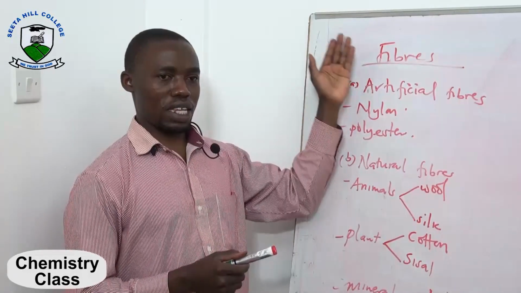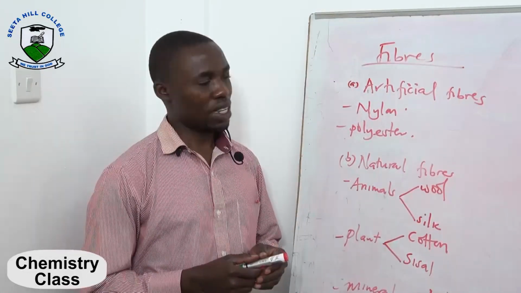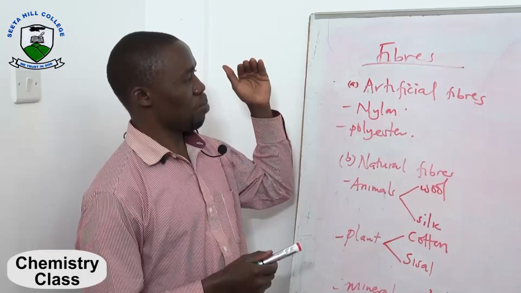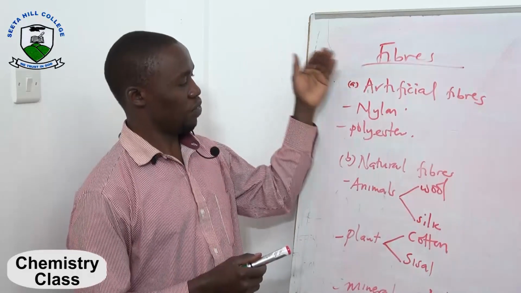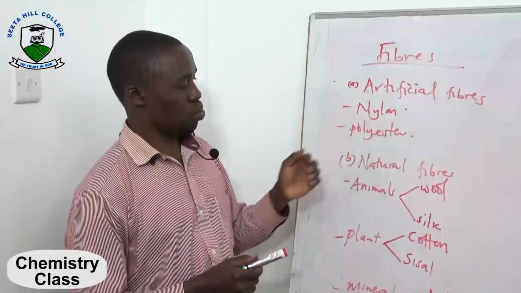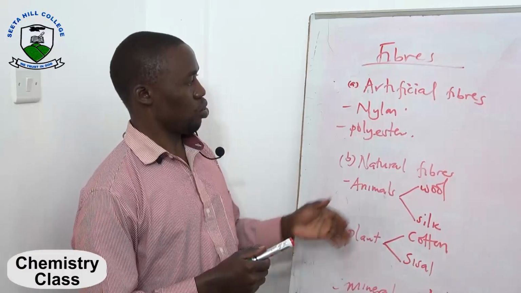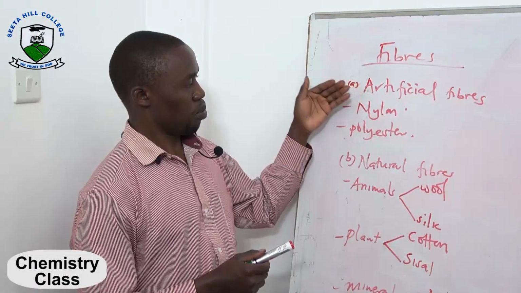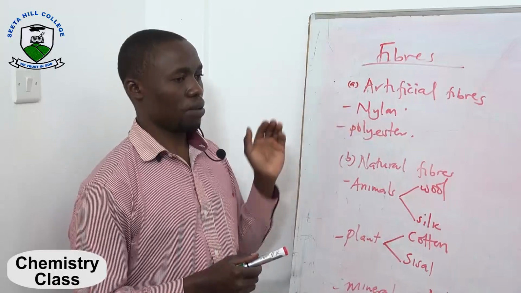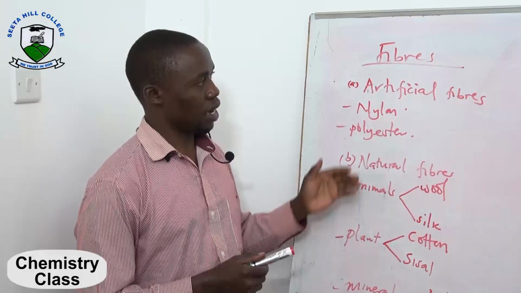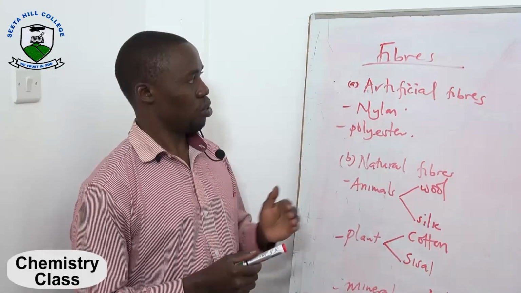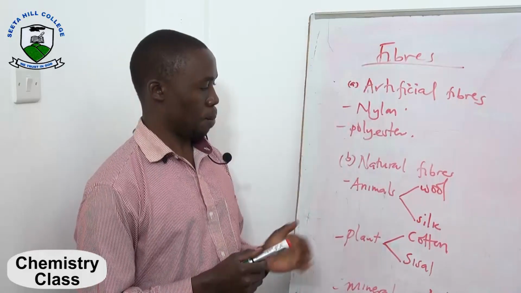Then finally we came to fibers, and we said fibers can be categorized into artificial and natural. Under artificial fibers we saw nylon and polyester; any thread-like material would qualify to be a fiber.